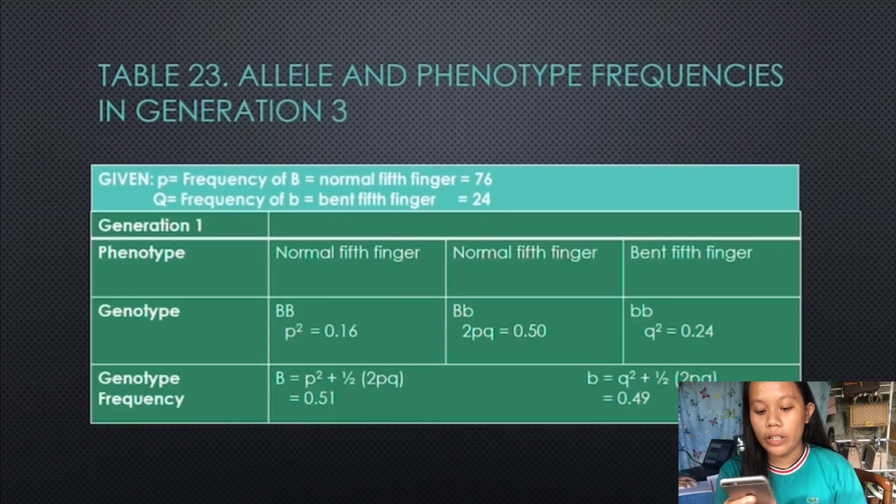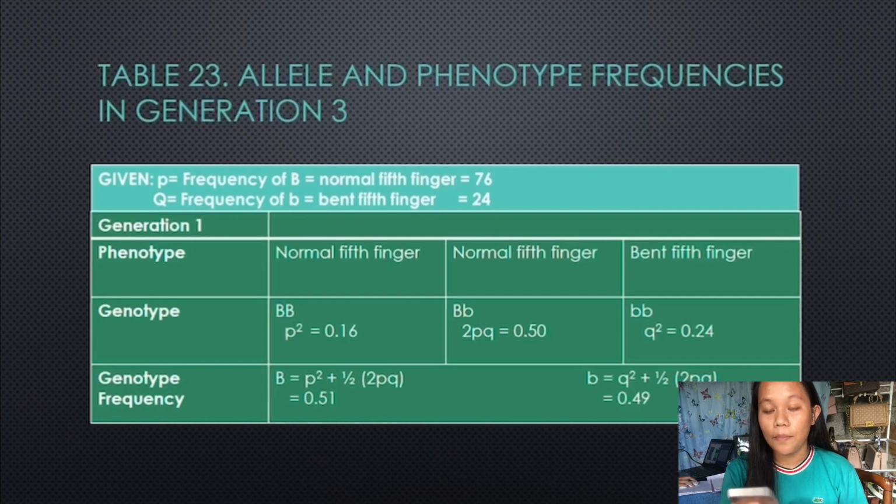For Table 24, the alleles and phenotype sequence of generation number 3: the given P frequency of big B, normal fifth finger, is 76, and the Q frequency of small b, bent fifth finger, is 24. Phenotypes: normal fifth finger, normal fifth finger, bent fifth finger.